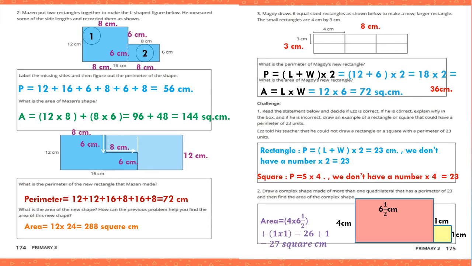Now let's try to get the area. The area will be length times width of the rectangle, so 4 times 6.5 plus side length times side length of the square, which is 1 times 1. So 26 plus 1 equals 27 square centimeters.